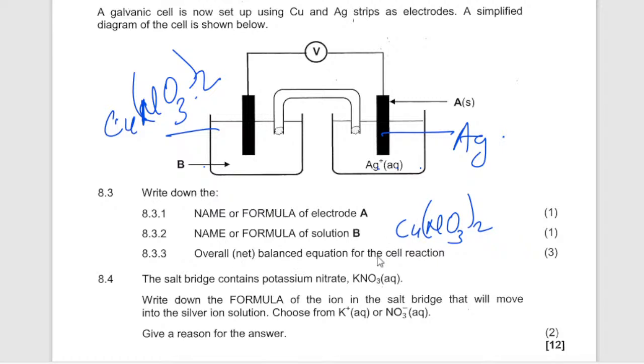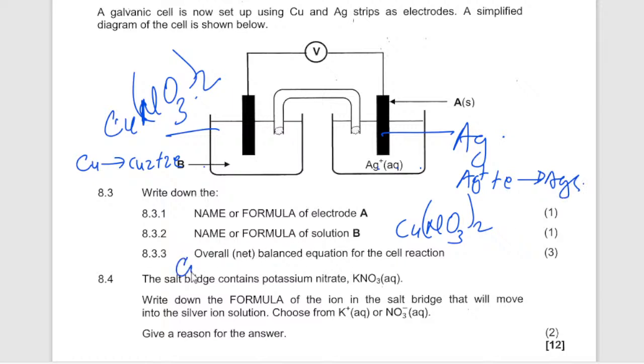Overall balanced net equation for the reaction. So automatically silver is going to receive from copper. Therefore, we will say that copper gives you copper 2 ions plus 2 electrons. And then silver ions plus electron gives you silver solid because it is reduced.